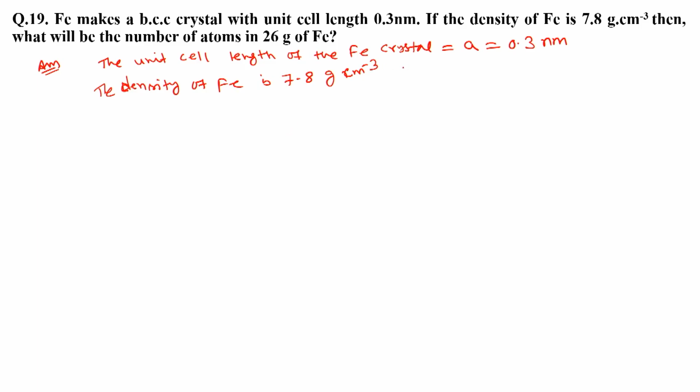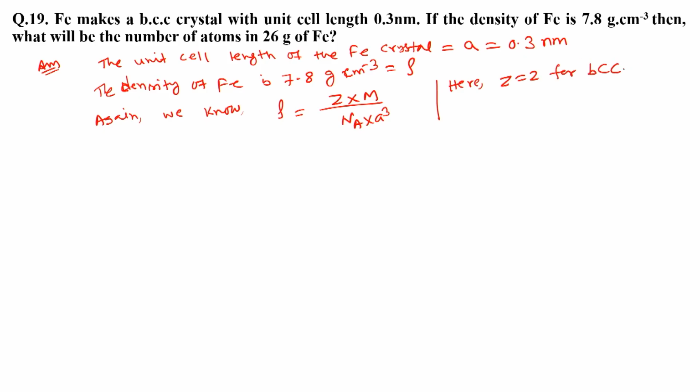And this is nothing but rho. Again we know rho is Z times m by Na times A to the 3. Here Z equals 2 for BCC, right? We know those things.